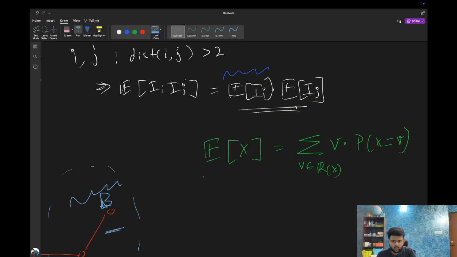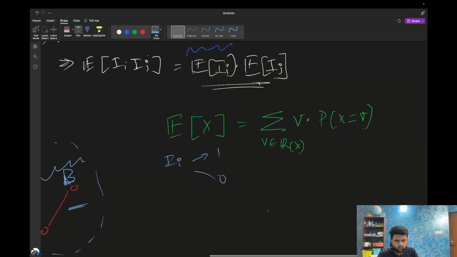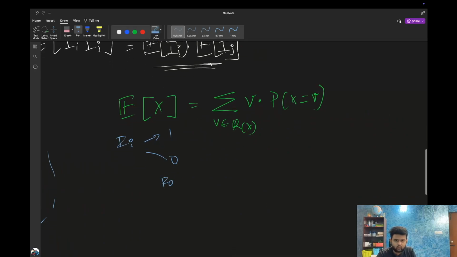Now, in the case of an indicator variable I_i, it can take 1 or 0. And since 0 times anything is just 0, we only need to be bothered about the probability that it becomes 1. Now how do we formalize this? We know that for it to be a leaf, let's look at a vertex A. One condition is that A shouldn't die.